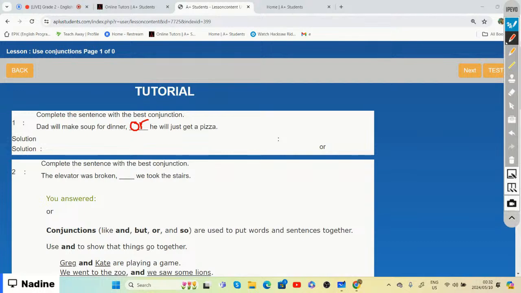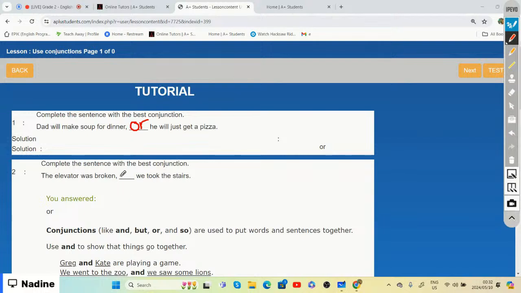So you have a choice, right? Either to have soup for dinner or to get pizza. So or is correct because it's a choice. It's a choice of soup or it's a choice of pizza. So or is correct. Well done.